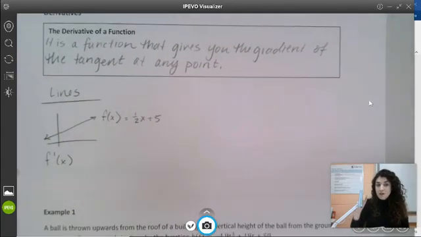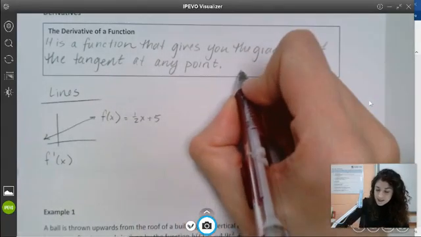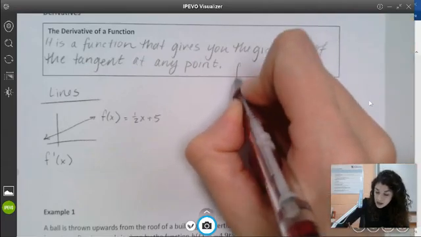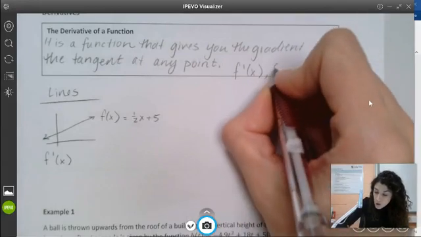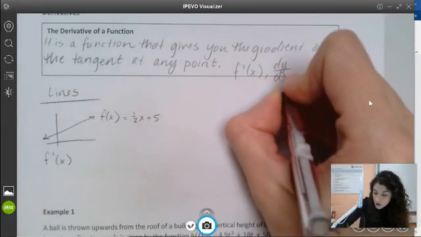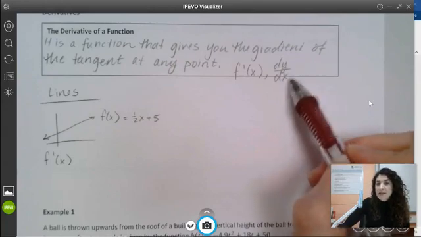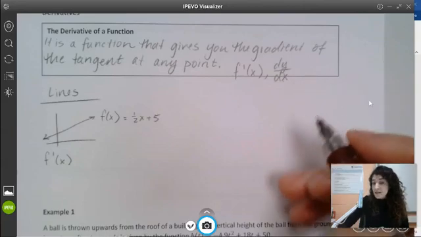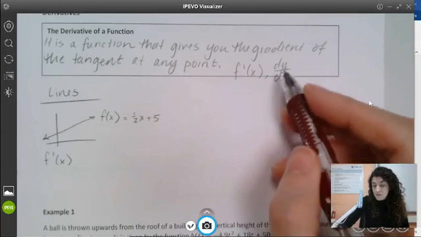Notice it can be really close to your inverse symbol with the -1, but it's not a 1 up there, it's a prime. So I skipped something here that's very important, all the different ways that we denote the derivative. So we have f prime of x, or we have dy over dx, which is the derivative of y with respect to x. This is notation you see a lot, I think mostly because it looks really smart, but I think it can be really confusing.